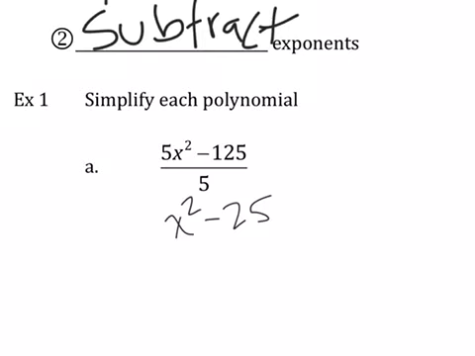So if I wanted to put this whole thing in parentheses and multiply by 5, I should get the same thing that we had on the top, right? And then if I did that, I would distribute the 5. I'd get 5x squared minus 125. So we know we're doing the right thing. Sorry, I'll put the correct answer there. We're going to have x squared minus 25.